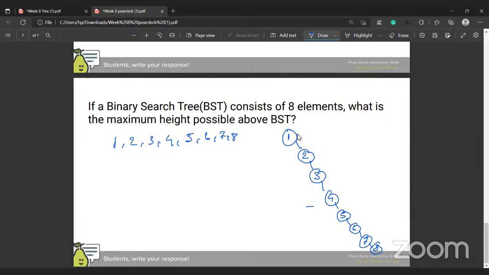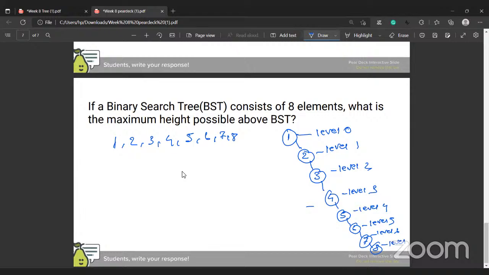So it is level 0, level 1, level 2, level 3, level 4, level 5, level 6, and then level 7.